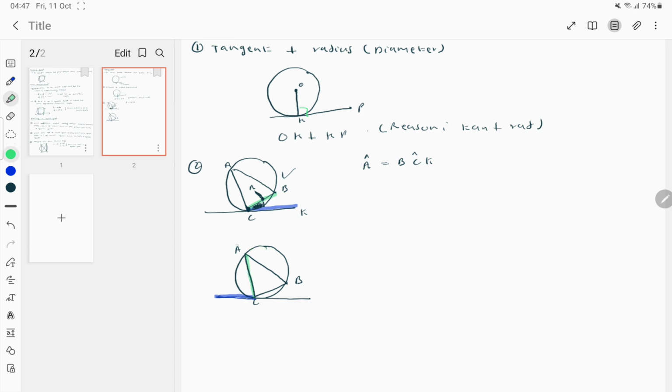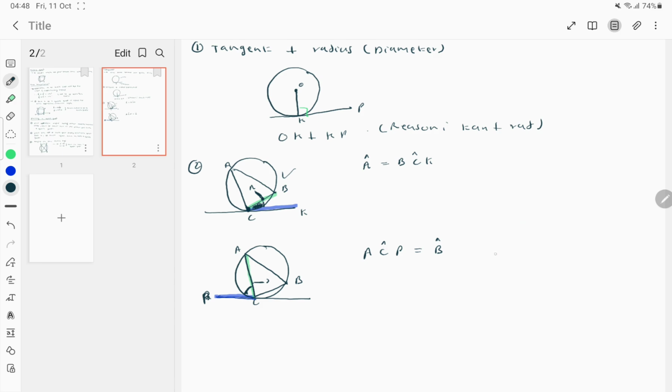Remember what tan chord says: the angle between a tangent and a chord is equal to the angle opposite that chord. So if I'm at this chord, which angle will be opposite the chord? Angle B. So let me put P here. Angle ACP is equal to angle B.